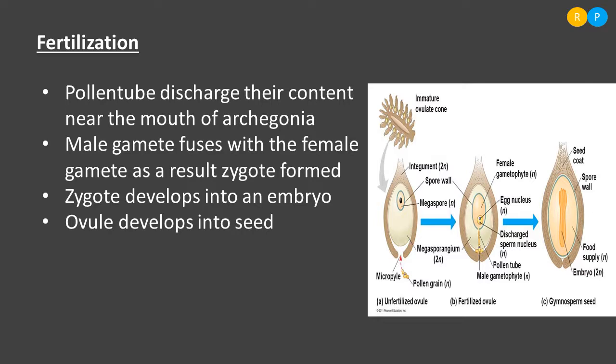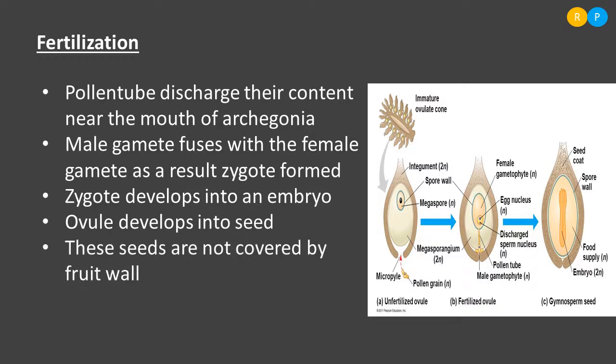Clear, right? So seed formation is very common in the gymnosperm, and the seed is not covered by a fruit wall because there is no protective covering to the ovule. The ovary is completely absent. In mango and in guava plants we can see the seeds are covered by a fleshy part. But in the gymnosperm, the ovule is the final structure.